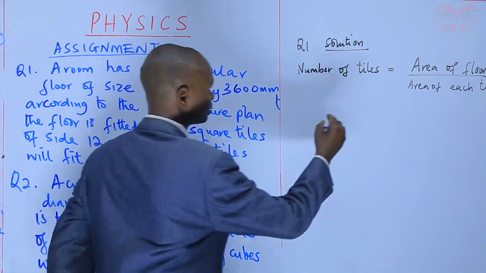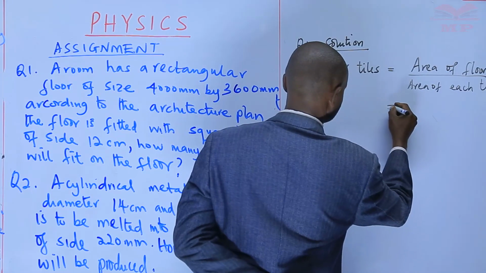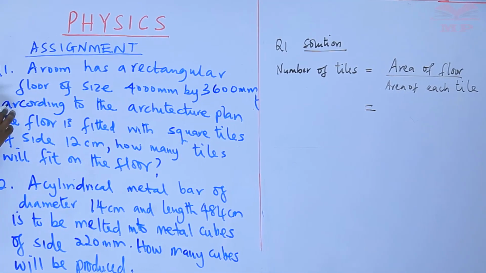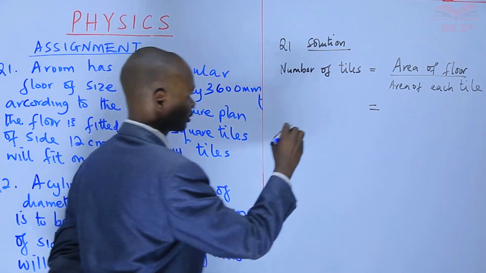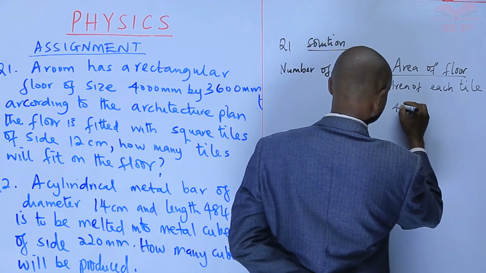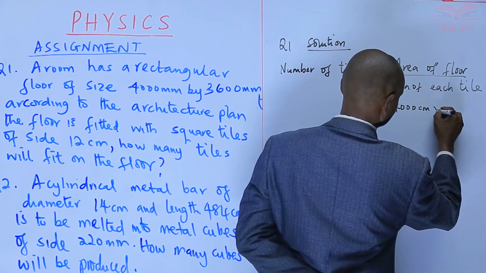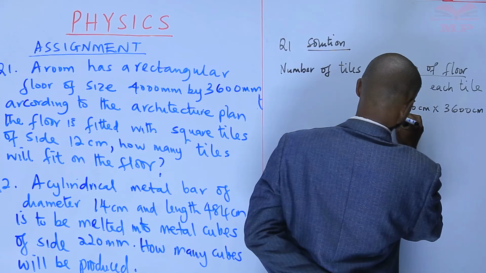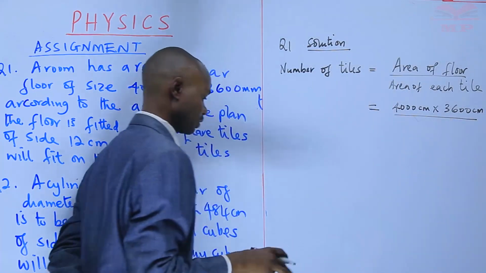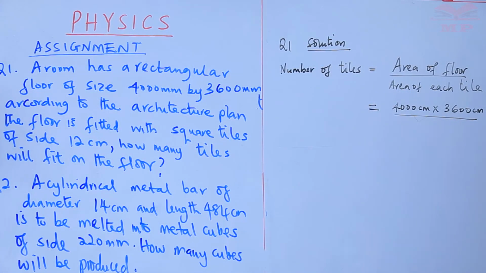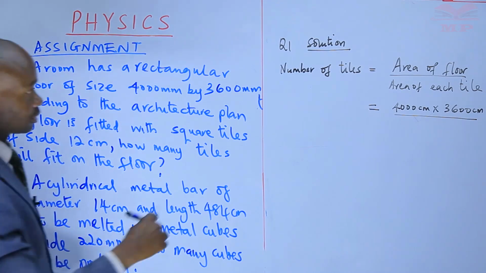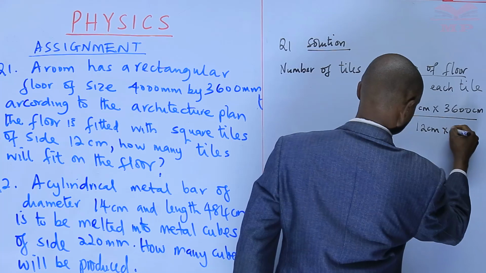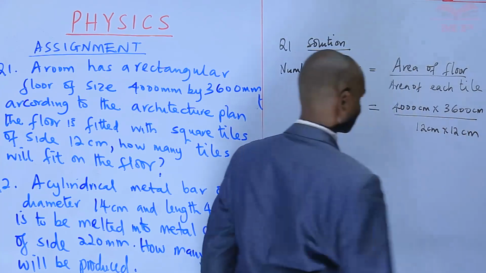The area of the floor, you are given the dimensions of the floor. So that is 4,000 millimeters times 3,600 millimeters. Each tile is of square shape of side 12 centimeters, so you'll say 12 centimeters times 12 centimeters.